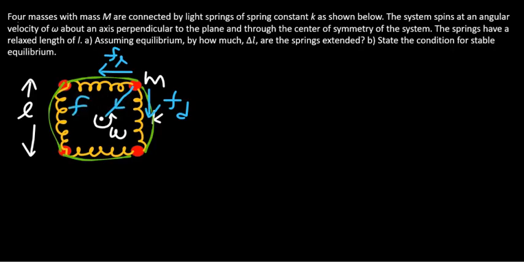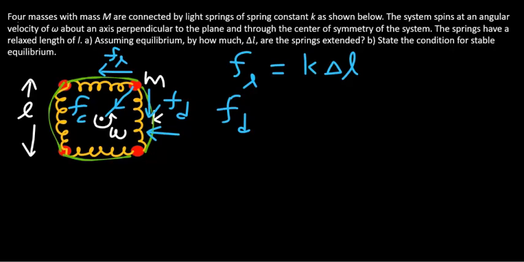So that is F centripetal. Let's determine FL. From Hooke's law, it equals the spring constant of that spring. We know all the springs have the same spring constant, namely K, times the stretch, which is delta L. Since this spring is also identical, in fact all the springs are identical, Fd, the downward spring force on this mass M, also equals K delta L.